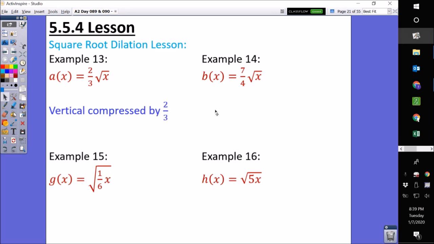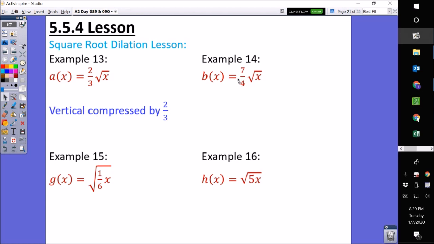Moving on to example 14, we have b of x equals 7 over 4 times square root of x. Since it's outside the square root, this is also classified as vertical. Looking closely at the fraction, the numerator is greater than the denominator.